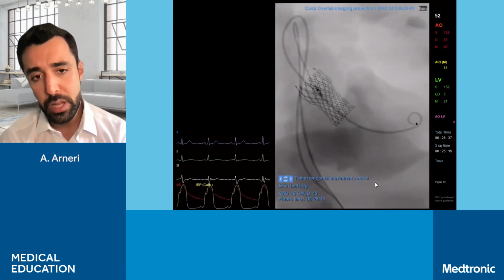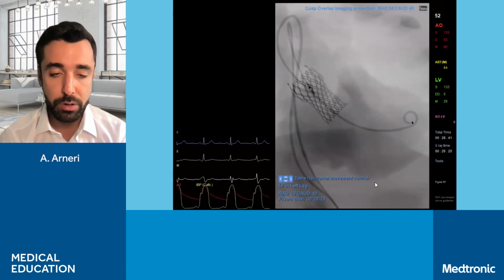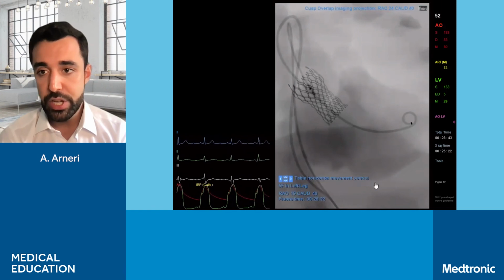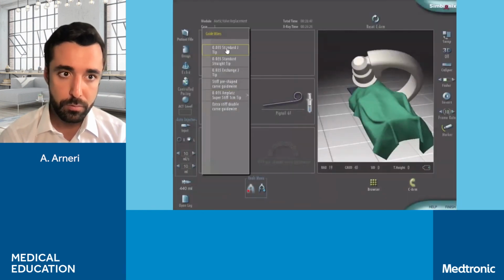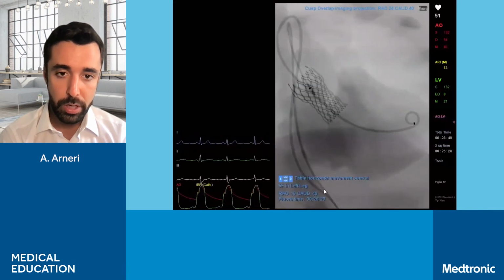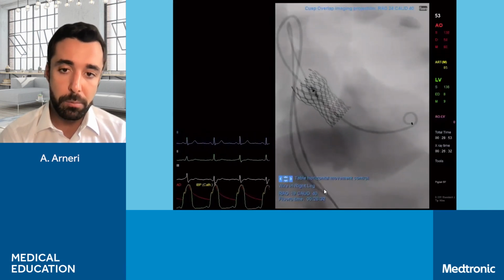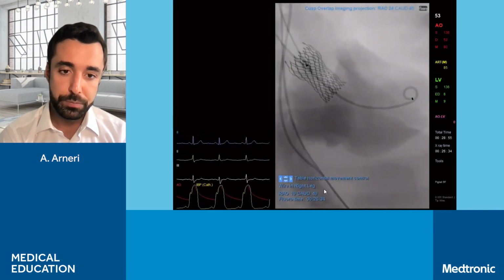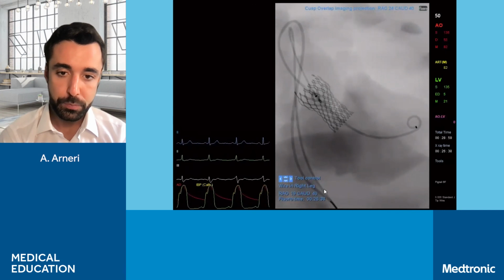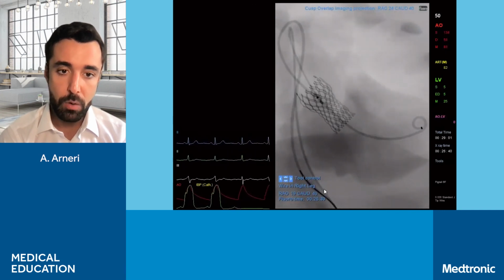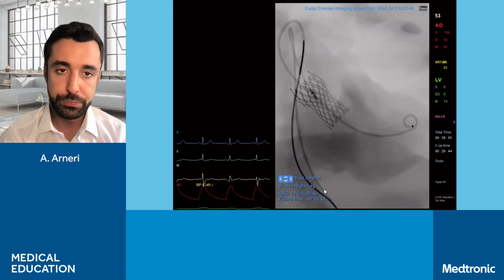At this point, what we have to do is really only remove the pigtail from the ventricle. The best is to insert a J-tip wire into the ventricle if you want to be super safe. We insert now, you see, the J-tip wire into the left ventricle.